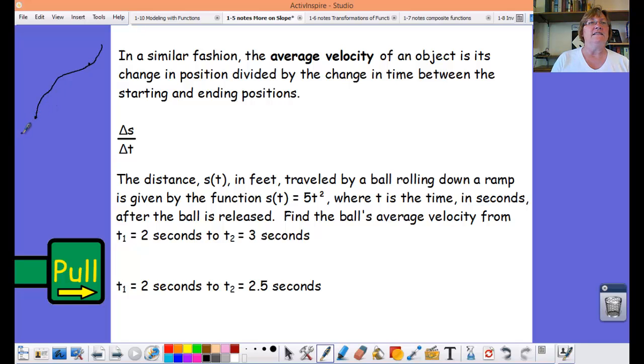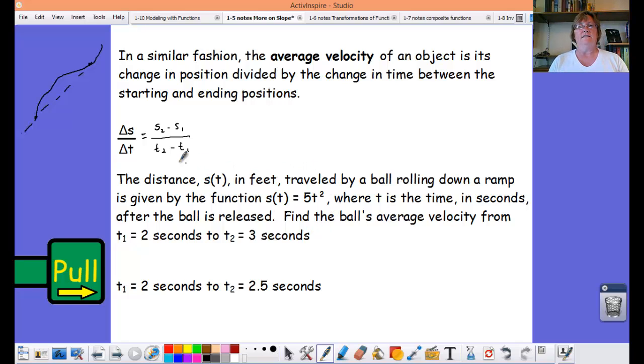However, when we find its average rate of change, we look at its placement on some numbering system divided by the amount of time that's gone by. That means we'll take the ending placement minus the initial placement over the ending time minus the beginning time.